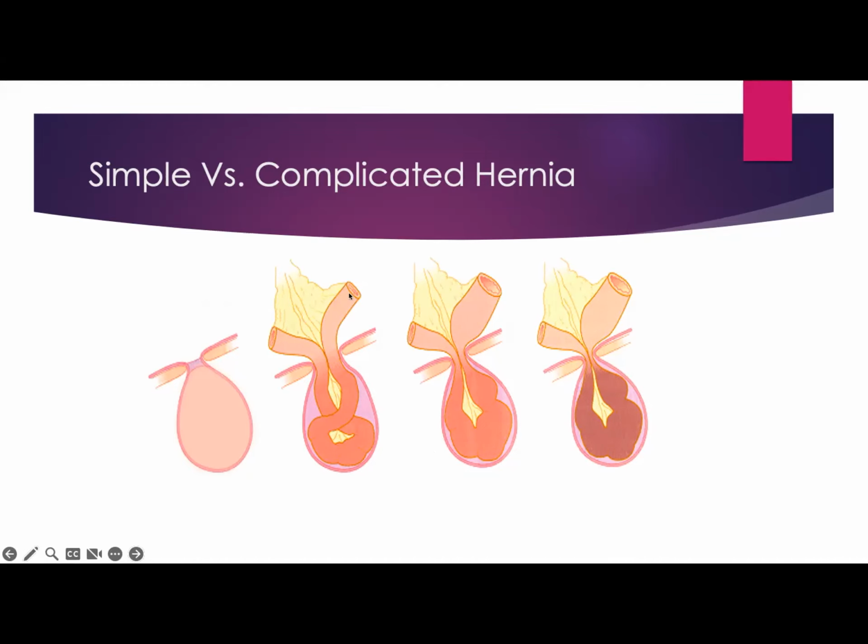The lumen of the intestines is not completely obstructed, so this is incarcerated but there's no obstruction. Now you can see that the lumen is compromised. There is intestinal obstruction here, and as you can see in the image, there are some ischemic changes, so there is a compromise in the vascularity.